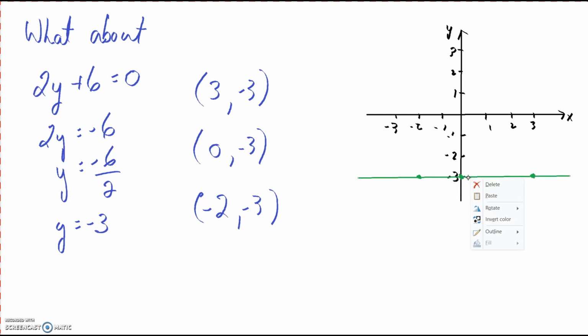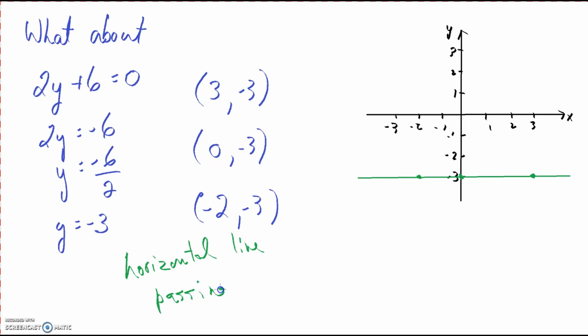Okay? So instead of having a vertical line, we now have a horizontal line passing through negative 3 on the y-axis.